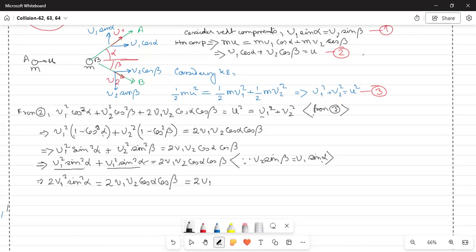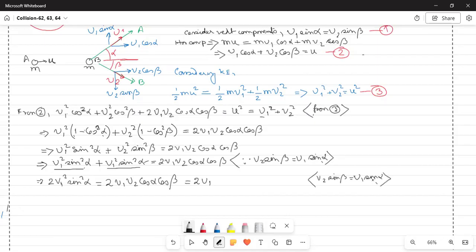And v2 sin beta from equation 1, v2 sin beta is equal to v1 sin alpha.